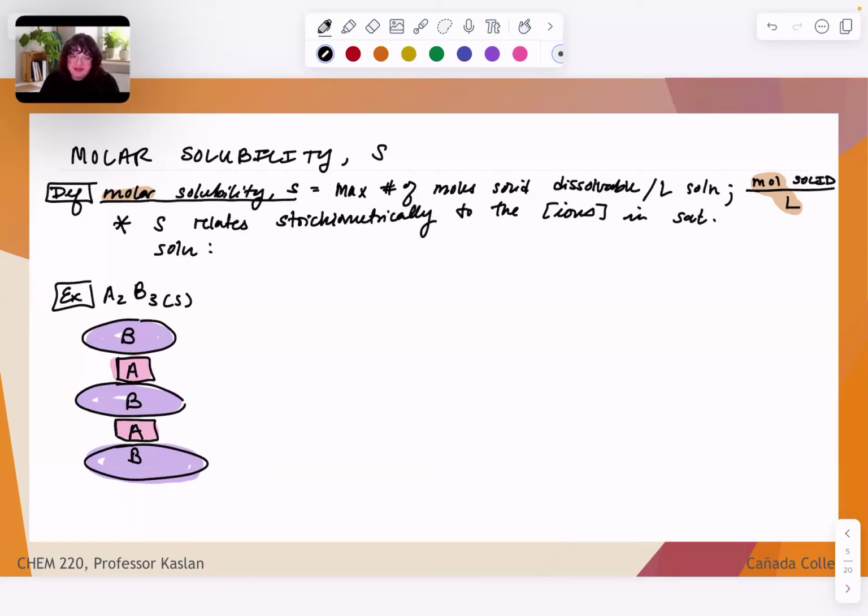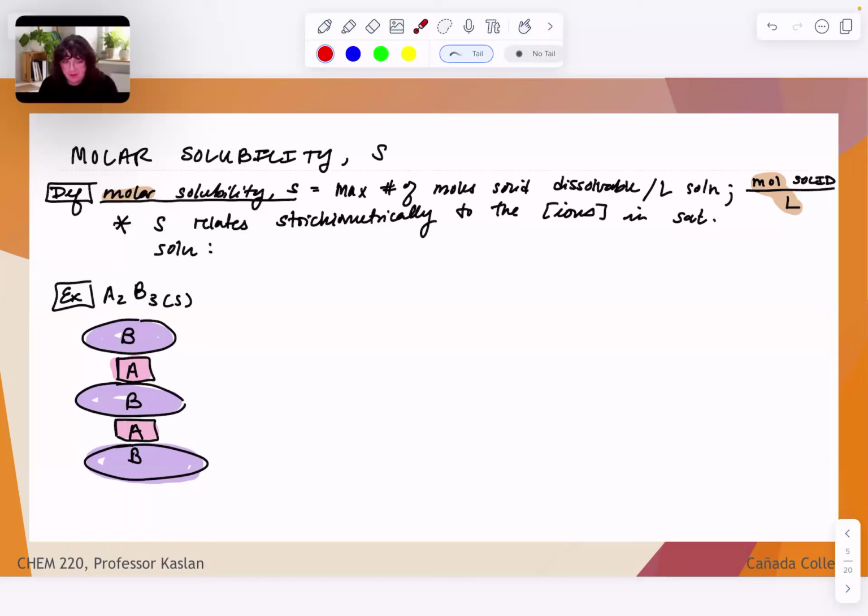Now, I know that this phrase might sound more complex than it actually is, so let's translate what this means. The molar solubility of a solid is related to how many ions that solid could become ionized, right? Like how many ions are actually put into solution at the point of saturation.